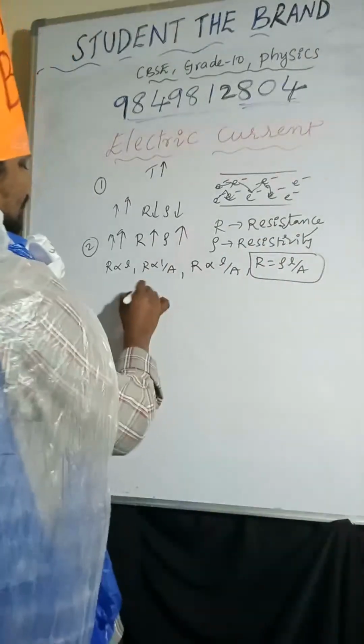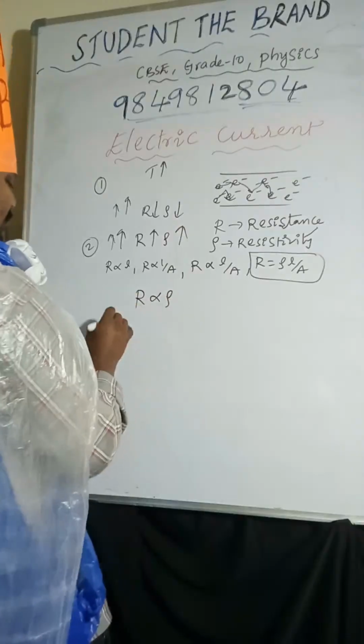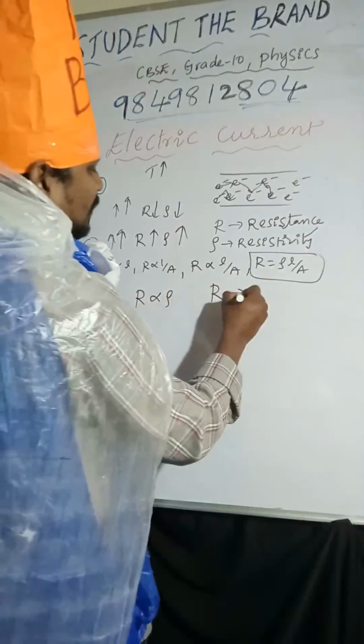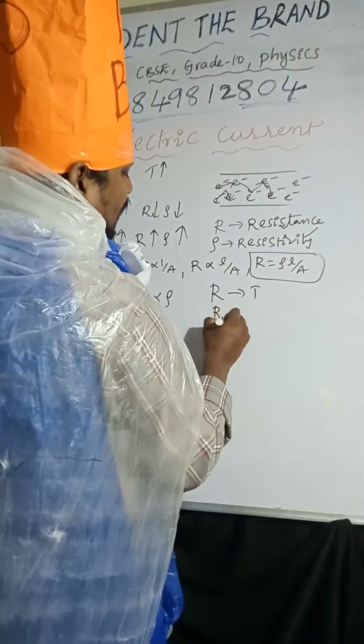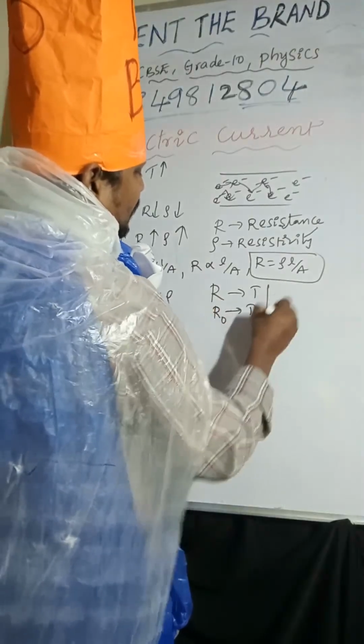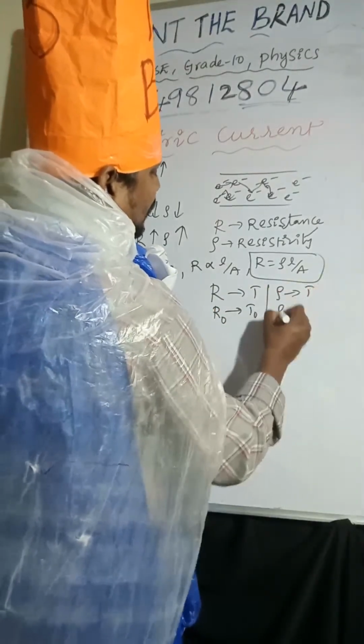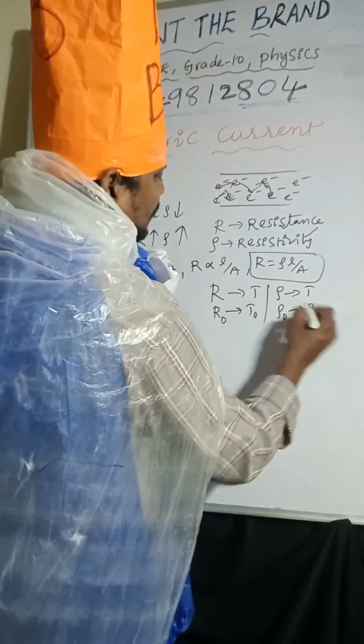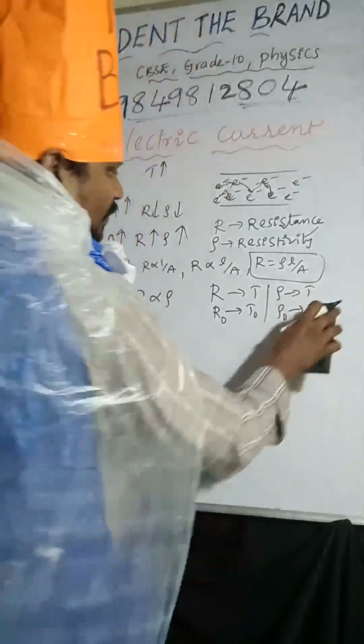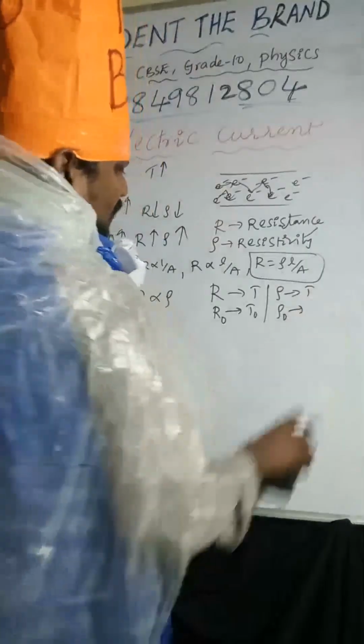That's why R is directly proportional to rho. So R at temperature T, R naught at temperature T naught, rho at temperature T, rho naught at temperature T naught.